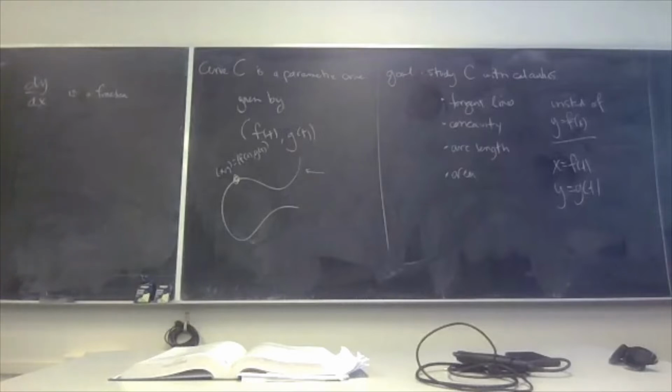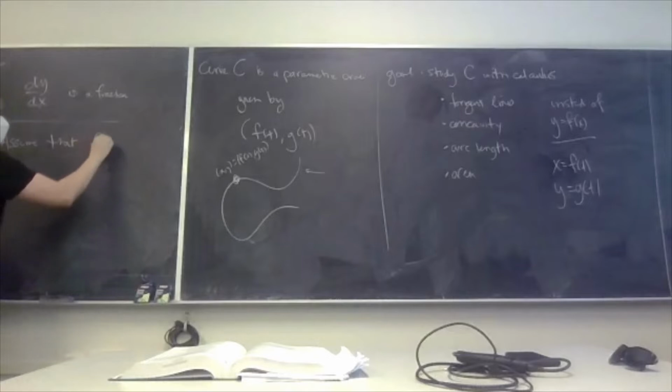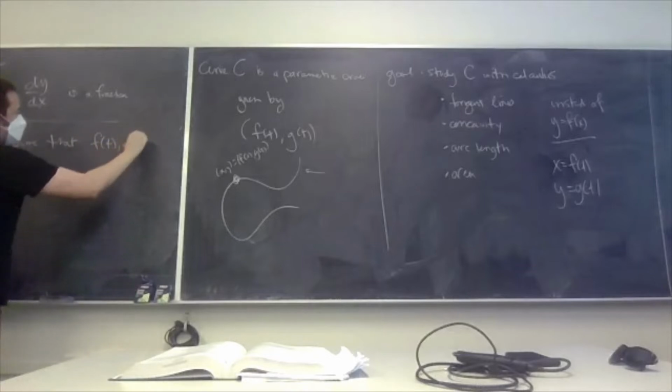So one of the manipulations that you might do is we're just going to assume things and then assume that they're true, do some manipulations, and then we're going to get the result that we want. And the fact that we found a good result means that we're justified in having made the original assumption, like backwards mathematics. So let's assume that f of t and g of t are differentiable.